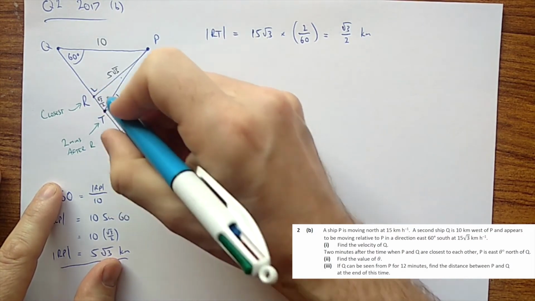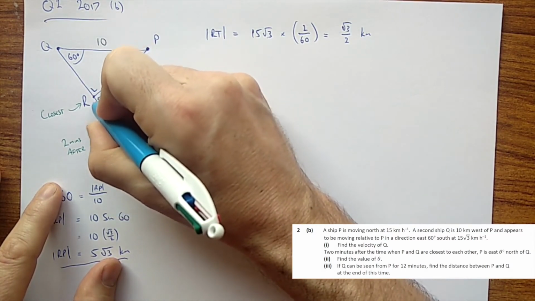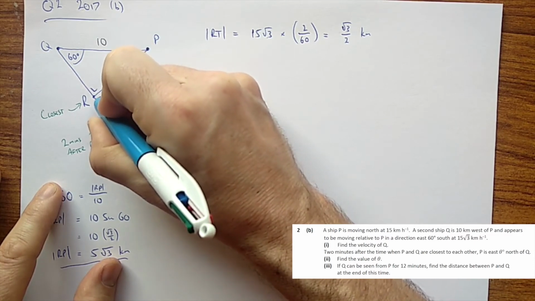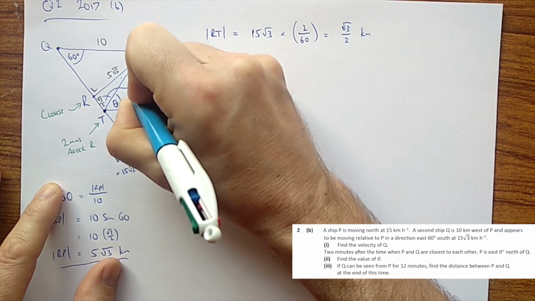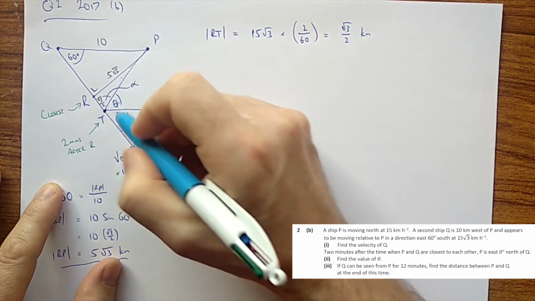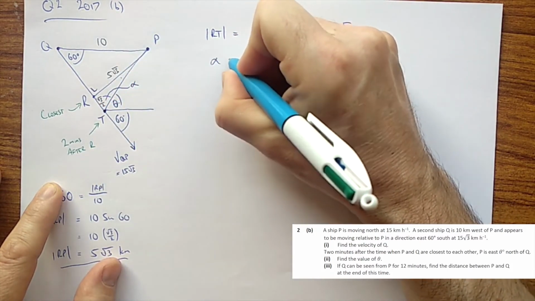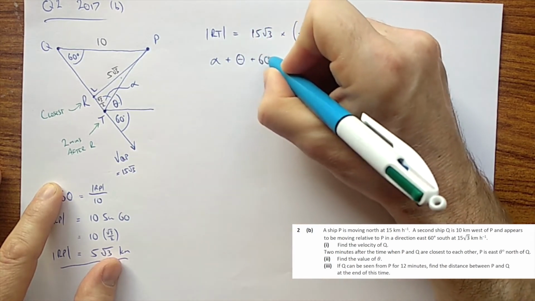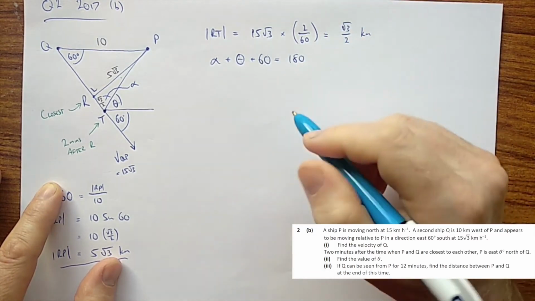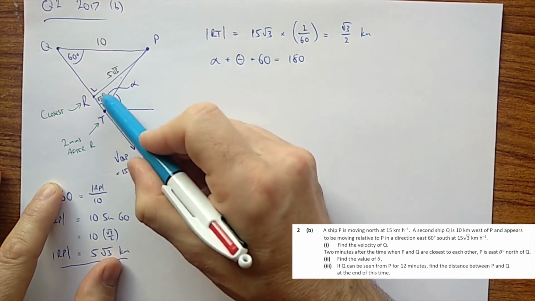So actually what we're going to do, and I'm really wishing I wrote this on the other side, but we won't worry about that too much for the moment, is we are going to call this little angle in here alpha. All right, now what we know is that alpha plus theta plus 60 equals 180. All right, because it's just all around a straight angle.